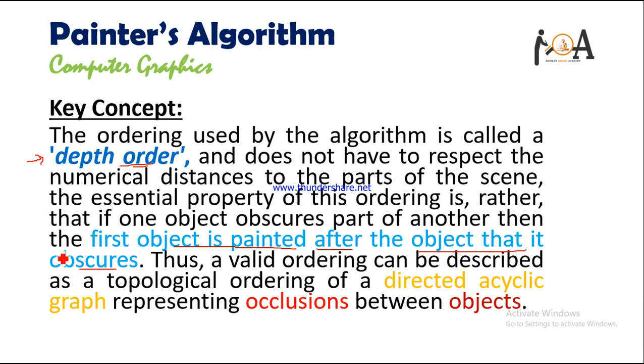Means if there are different parts in the image and one is covering the other, we paint the one that is covering after the one it covers, so that we can make the first part visible and hide part of the second object. Thus a valid ordering can be described as a topological ordering of a directed acyclic graph representing occlusion between objects.